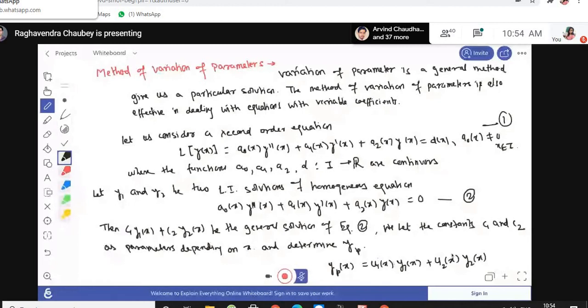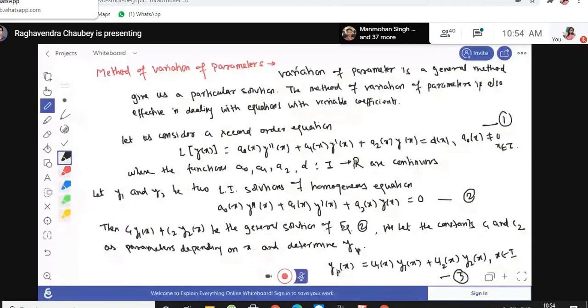If we take yp as the solution of this differential equation, that is your particular solution, where x belongs to I, and this is equation number 3. Then what is the value of y prime?